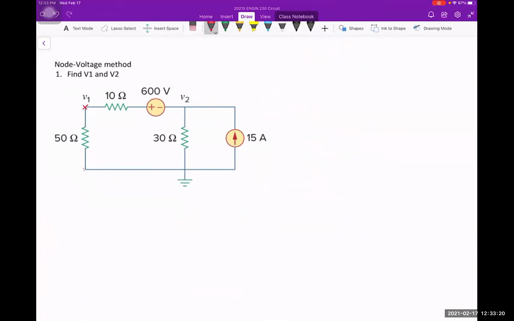This one is an essential node because all things connect to the bottom. You have 3 things connected together. This bottom one is an essential node. This one is also an essential node. So I have one in here, I have one in here. Do we have any other essential node in this circuit? No, we only have 2 essential nodes.